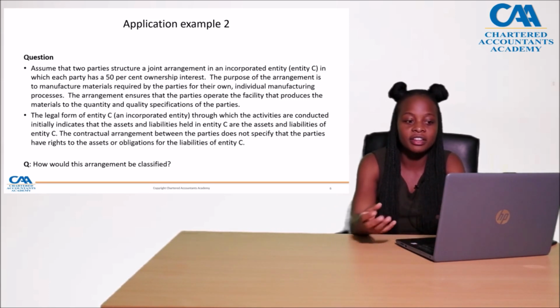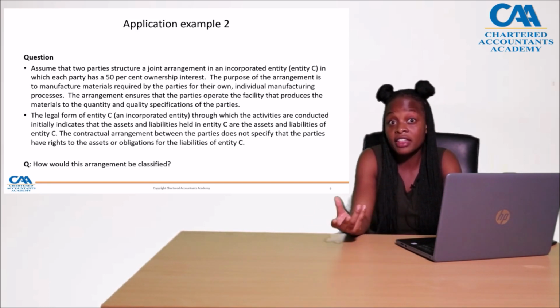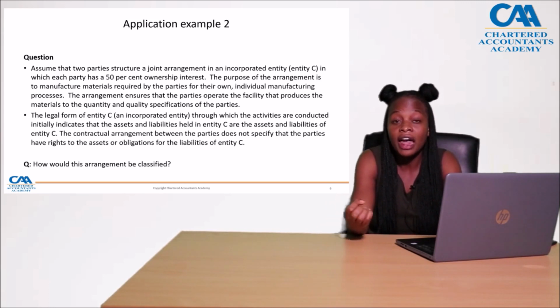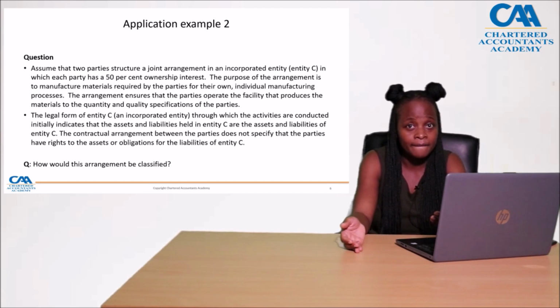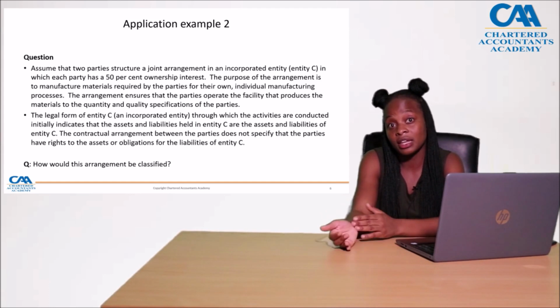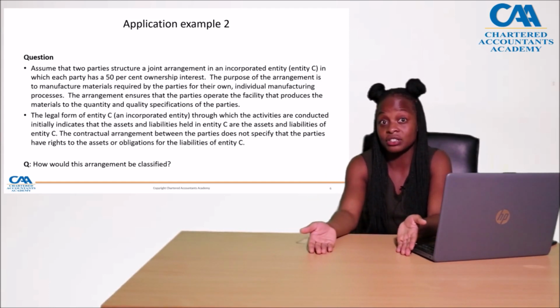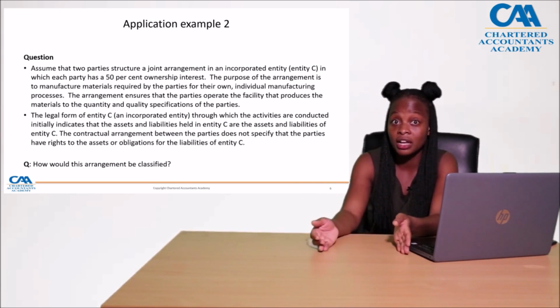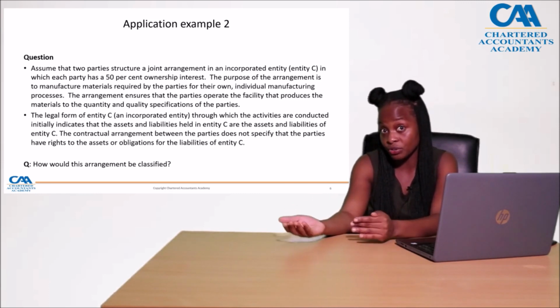Okay, so let's consider if the parties then get, okay, what are they manufacturing? The materials that they're manufacturing. And they then get these materials and sell them on to third parties. Does that affect our classification? Remember with joint ventures, the fact that the output first goes to the different entities, and they then decide to sell, even if they sell it straight on, still maintains its classification as a joint operation, right?